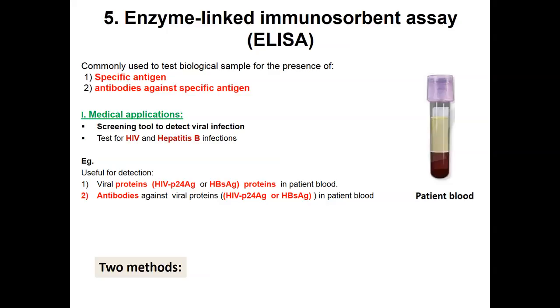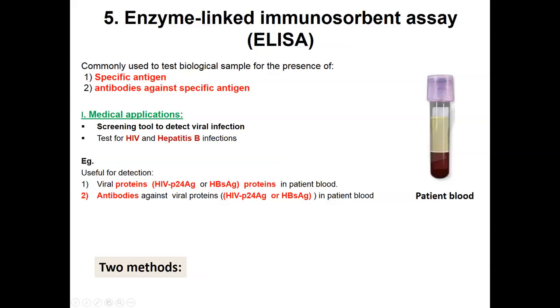Okay? So the technique is slightly different depending on which way you're going. It's specific to antigen determination or antibody determination. The antigen is from the virus and the antibody is from the patient against the virus antigen. Now, it's used for HIV, hepatitis, and many other infections, for quick detection, okay?